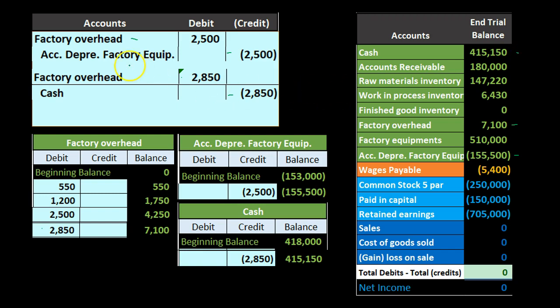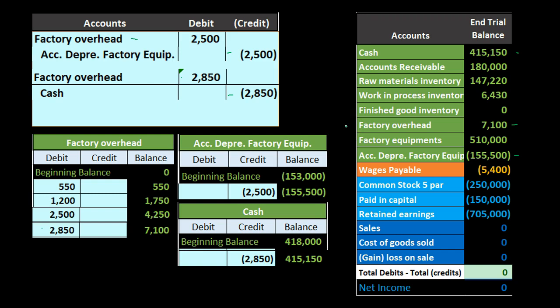So in essence, we're recording these, which again, normally we would think of as kind of expense type of transactions if it was a service company or a merchandising company, but because it's on the factory, because it's part of the factory process, it's going to be included in an asset, capitalized as an asset, first in factory overhead, because we don't know which job to post it to.